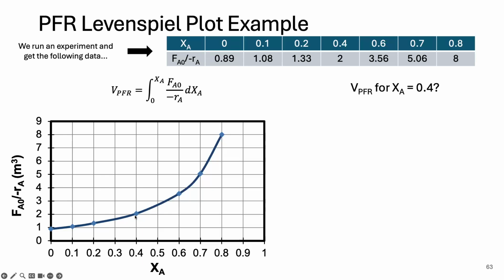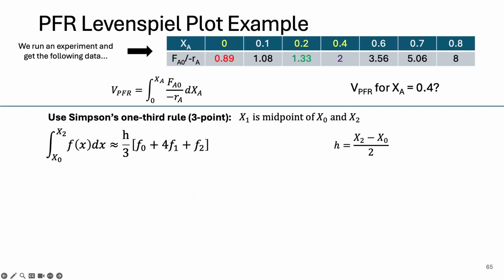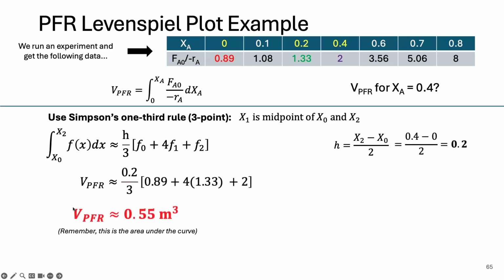Here we'll have to use a numerical integrator, something like MATLAB, or you can do this in Excel, or you can do it by hand using something like Simpson's one-third rule. We can estimate that the volume of the PFR to achieve a conversion of 0.4 in this case would be 0.55.